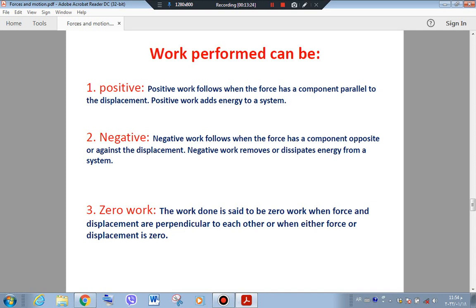What happens? That wall doesn't move. Therefore you haven't done anything. You are not successful in that case. Therefore there is zero work done. Nothing is done because the wall is not moving.